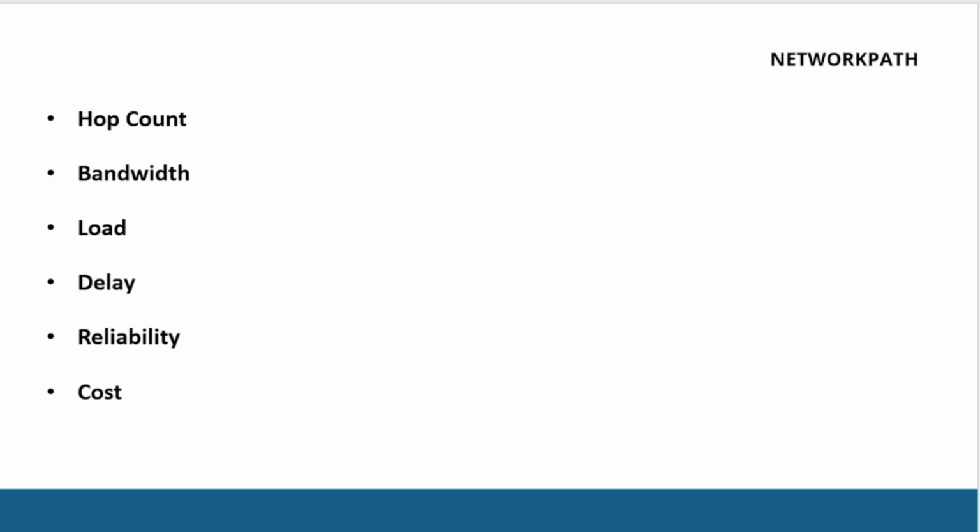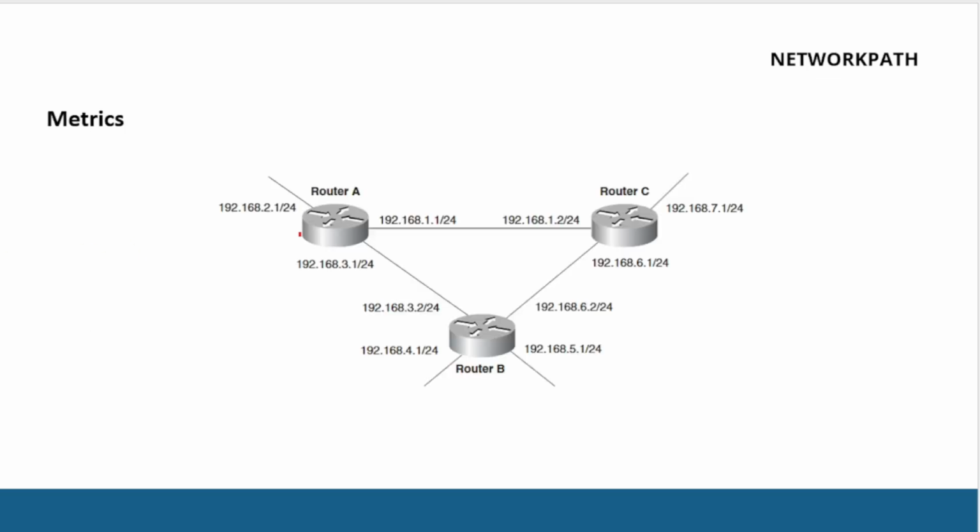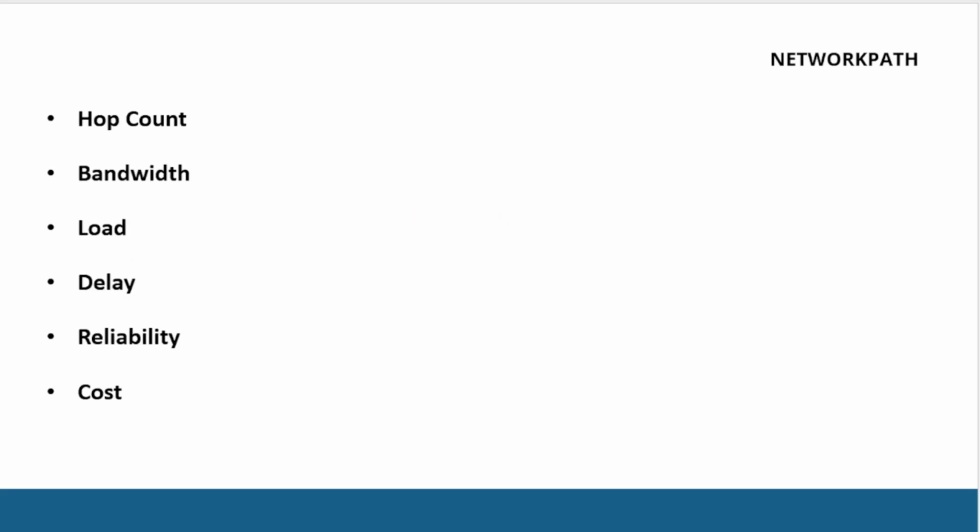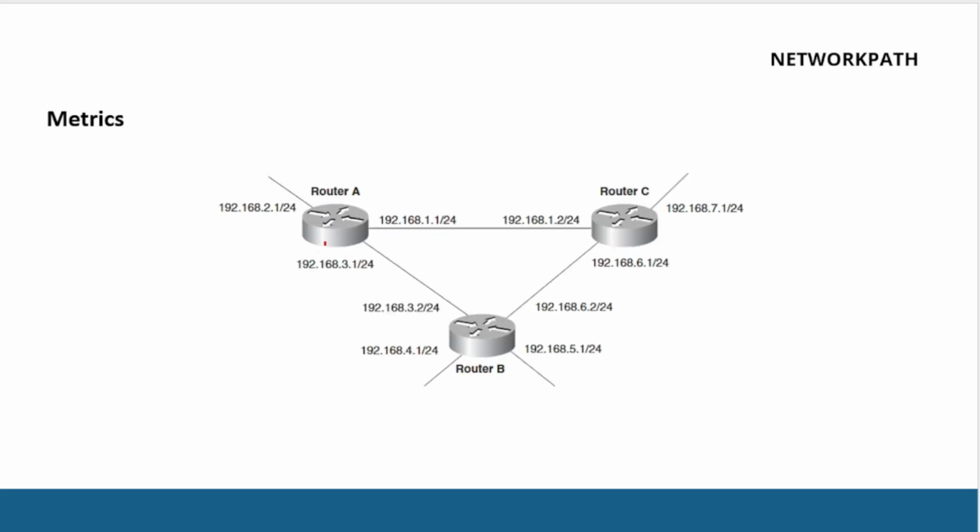Route flapping means if router A has added into its route table that if I want to reach 7.0/24, I will go through this path. Then if I choose this load metric, it will change when the load changes, right? Because at one instant the load might be more on this path, and at another time the load might be on this path.